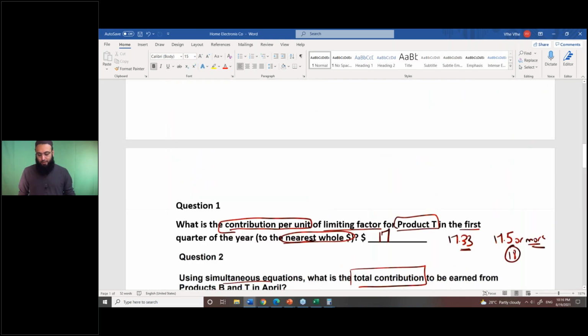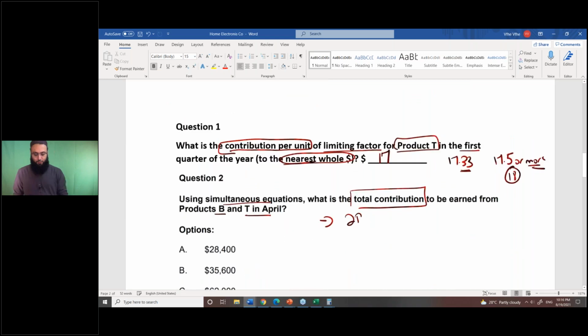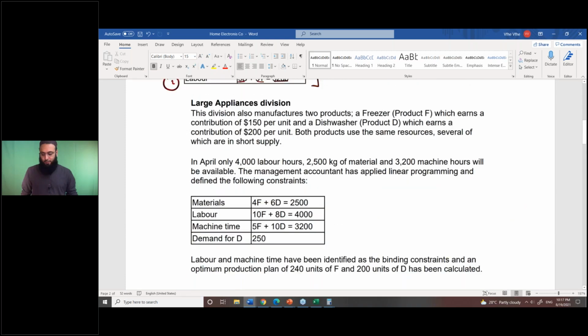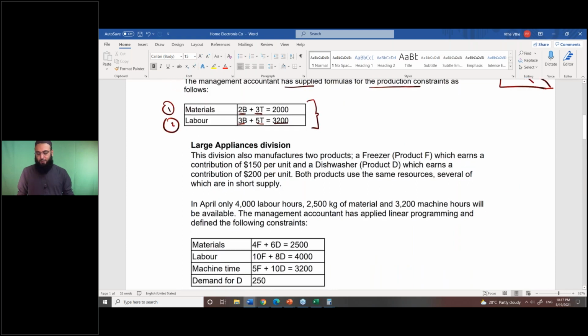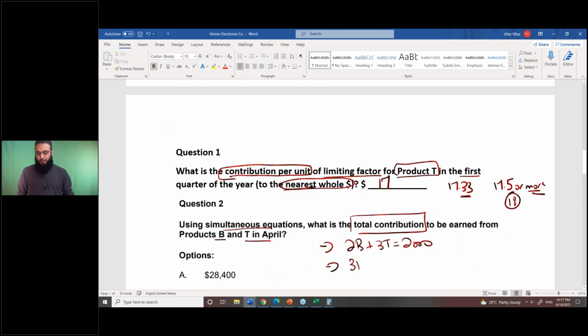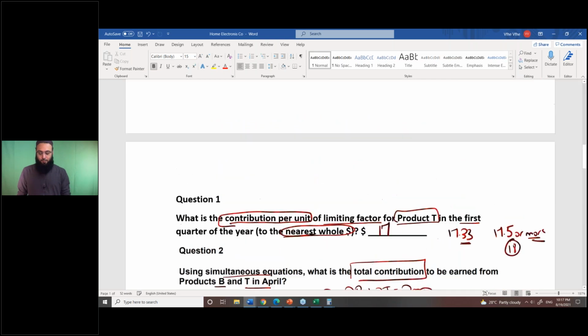It's 2b plus 3t equals 2000. And the second one was 3b plus 5t equals 3200.